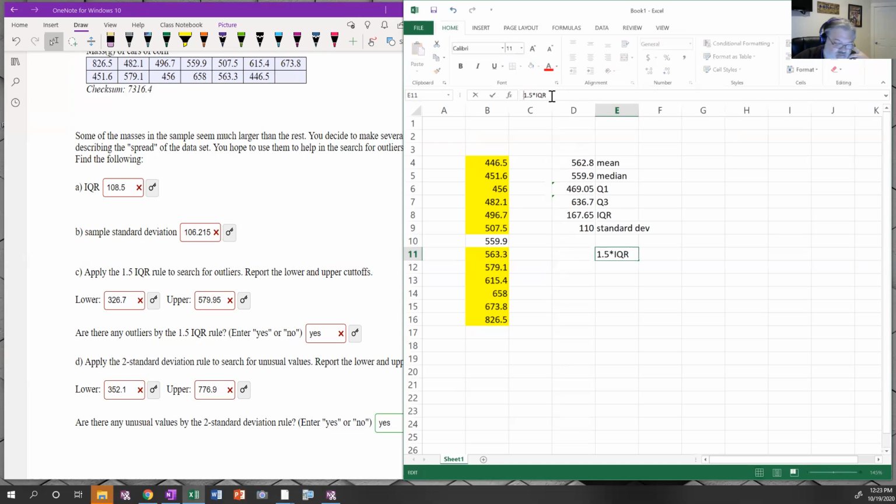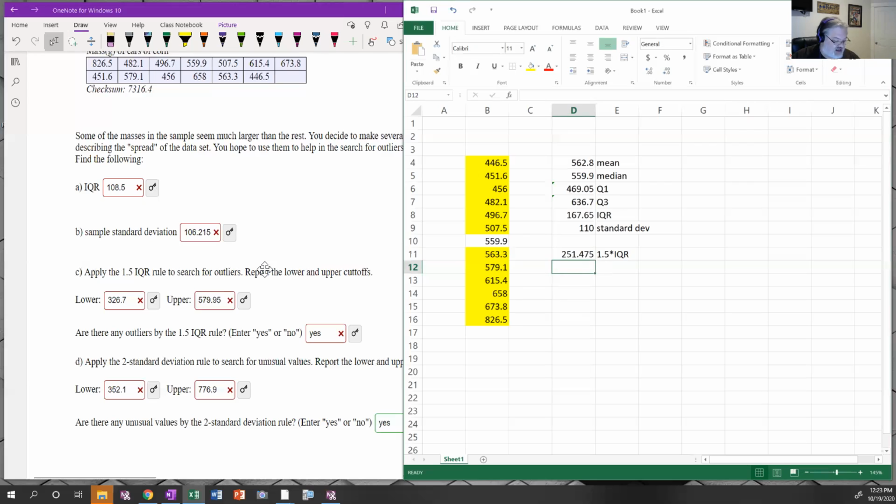Don't want that equals yet. So I'm just labeling, I'm going to make that cell our 1.5 IQR. So equals 1.5 times, and I'm just going to click on that IQR. And again, now if anything changes, it'll automatically update everything. So that's our 1.5 IQR.